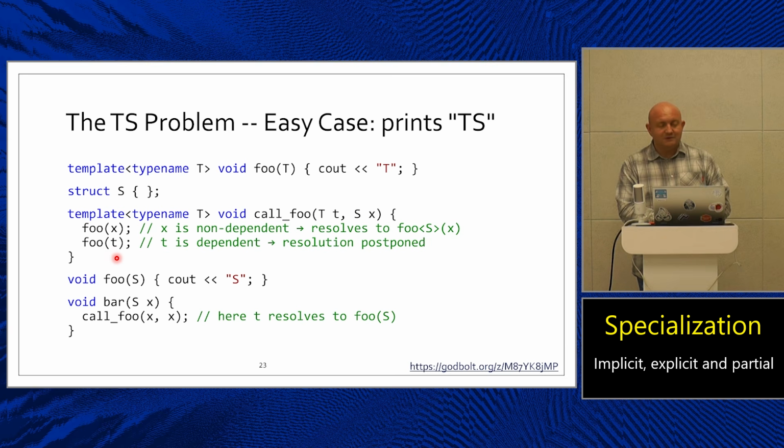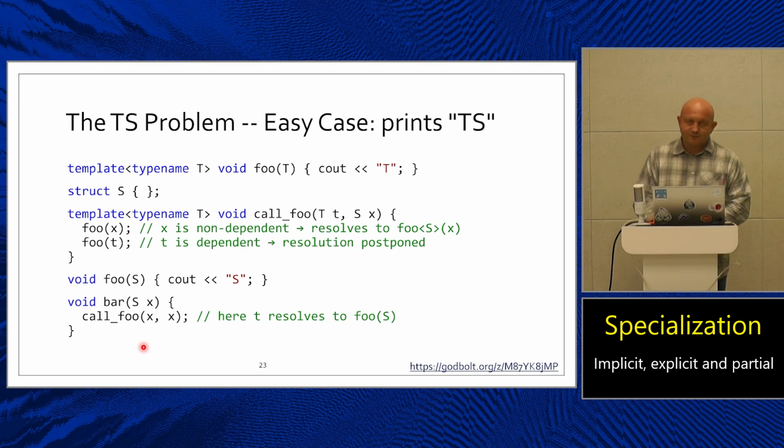Here t is dependent, resolution is postponed, and here it resolves, and we can see also foo for s, and here foo for s is much better than foo for t. And this is visible at this point, is chosen, and prints s. And everything's fine if you are a second year student.